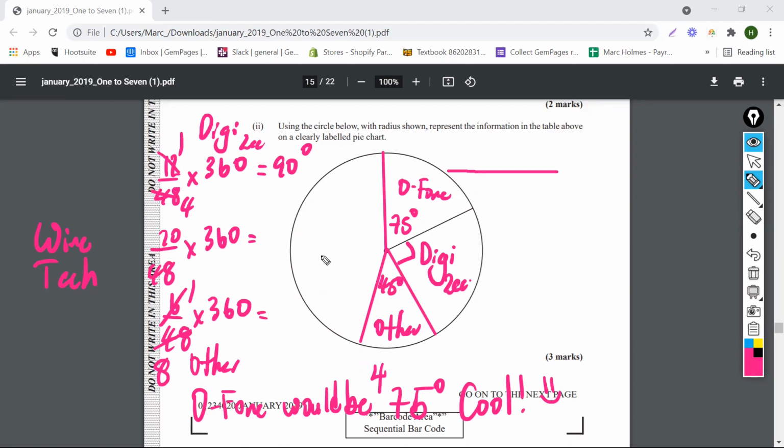And we don't even need to find the other one. The last one now is going to be 360 minus 90, that's 270, minus 75, that's 195. And then minus 45 would be 150.